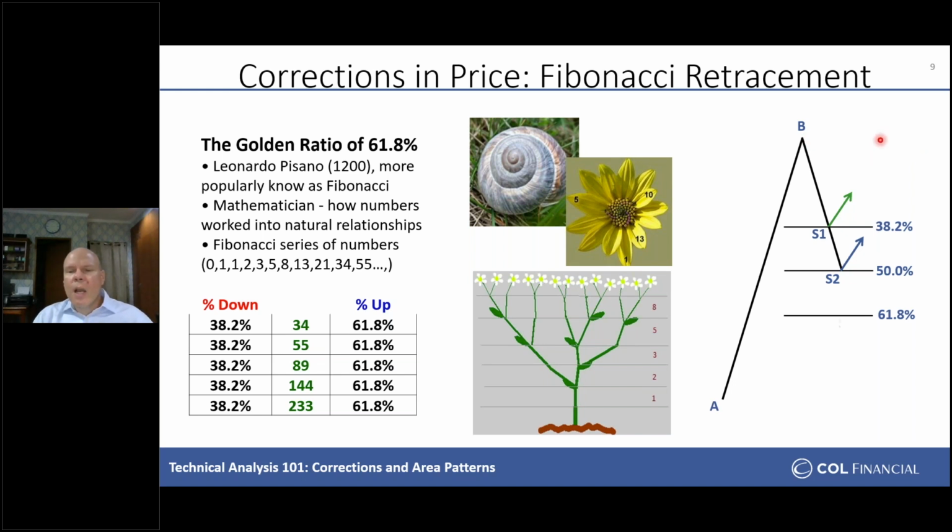Now, if the stock price goes all the way back down to S3, or support number 3, and it hits a 61.8% correction, that means, yes, it managed to fulfill the corrective need, but it dropped down too much. A lot of people who probably bought here are starting to take a little bit of a loss, and because of that, they're probably selling their positions.